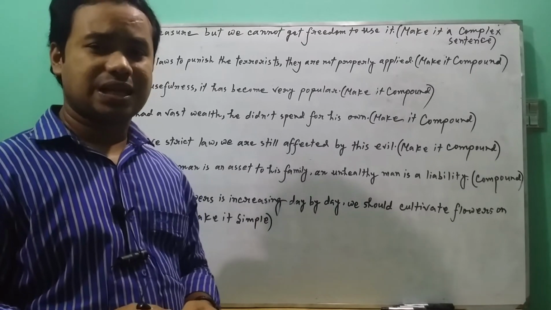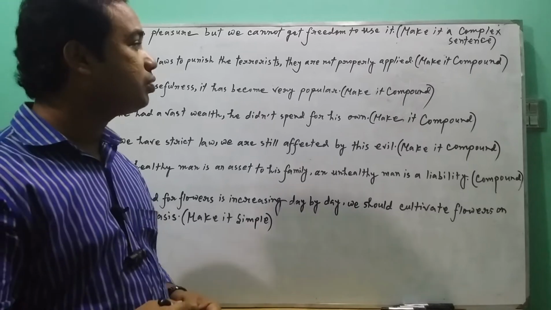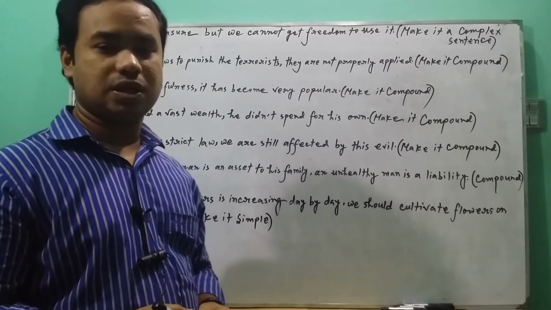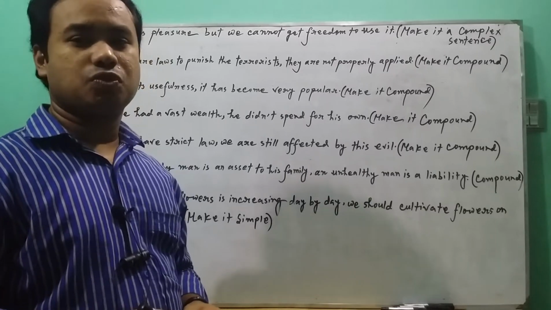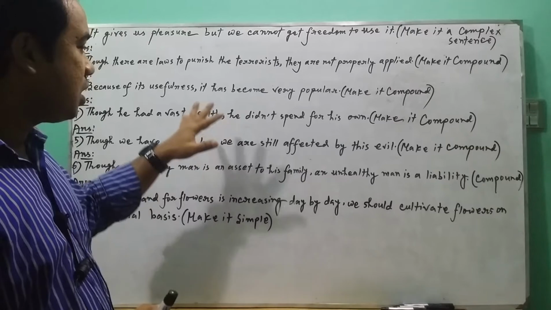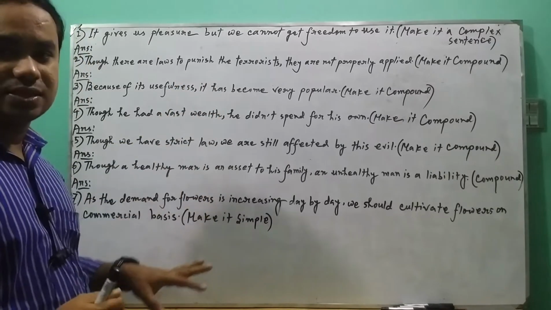Today in this lesson, I'm going to show you some transformations based on the previous rules. Based on the previous rules that we discussed here, I've written 7 example sentences.